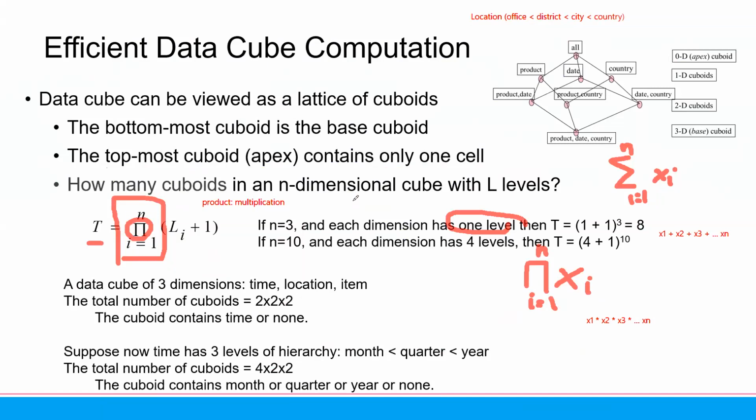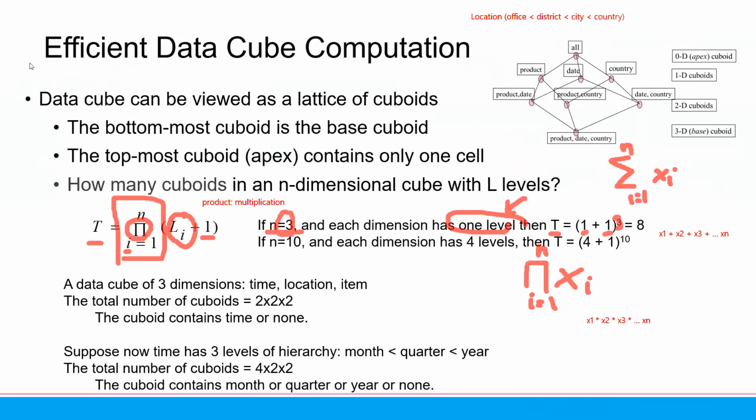Now let's just assume we have only one level and we have 3 dimensions, or we have 3 attributes. So the formula, how many cuboids that we can construct is 1, okay, because we have only one level. So one level in the dimension, plus 1. And we have 3. So we will do with the power of 3.